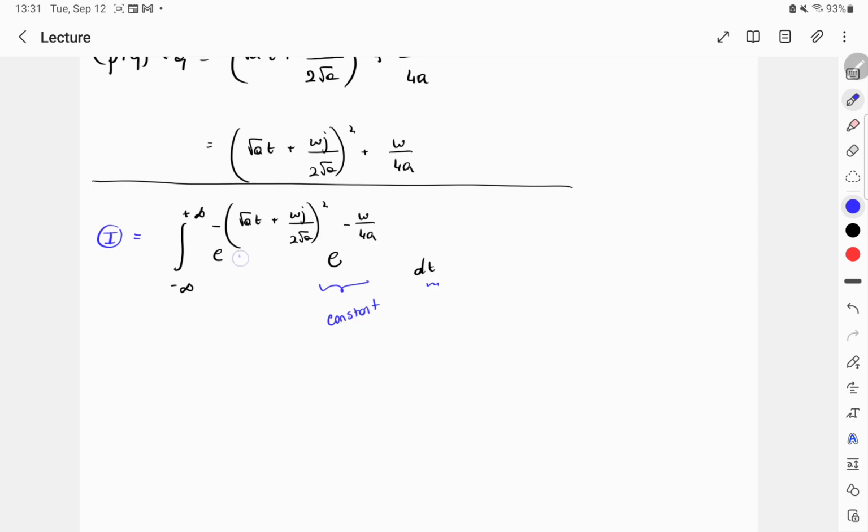Now we have a huge chunk of material over here, so we need to use another method in order for us to be able to compute this value. So let's just replace it with u. We are going to replace it with u.